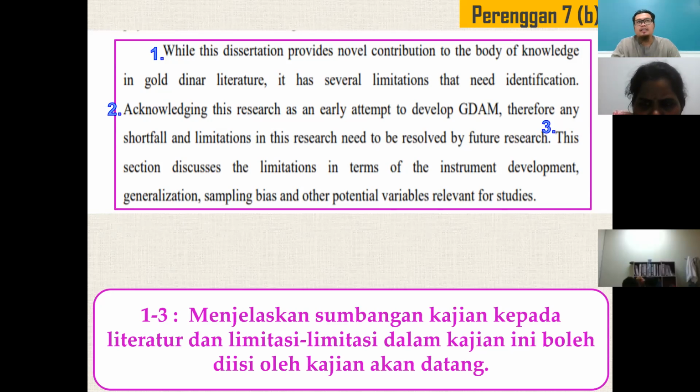Try to highlight that sometimes, as researchers, we do not cover many things in many ways. Sometimes our research cannot do it and it can be resolved by a future or the next researcher. This section discusses the limitations in terms of instrument development, generalization, sampling bias, and other potential variables relevant to the study.